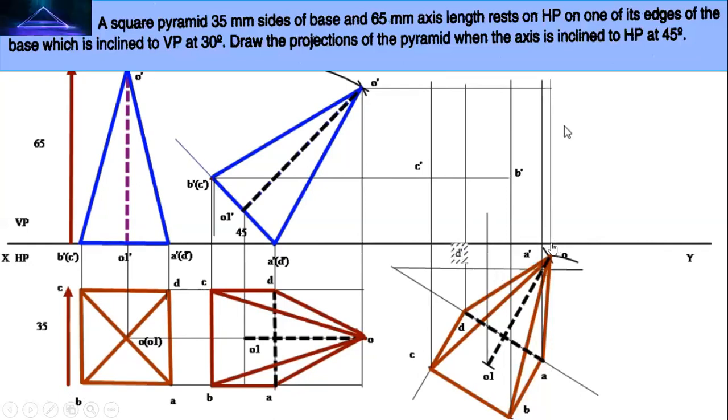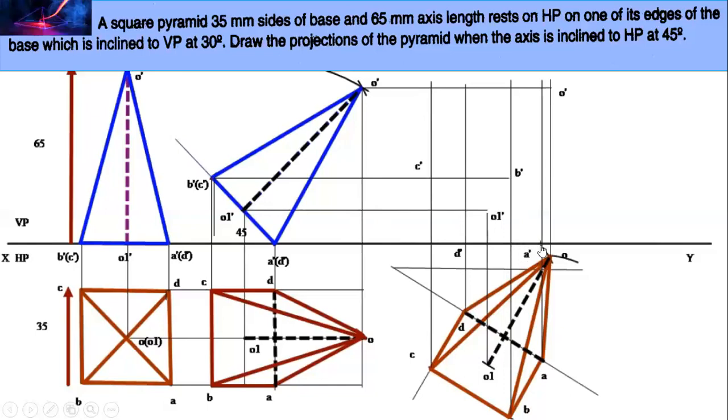O1, O with O dash, so point O dash. And O1 projected onto O1 dash is the point O1 dash.